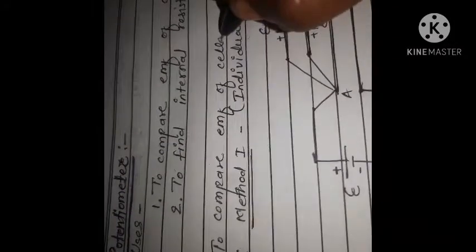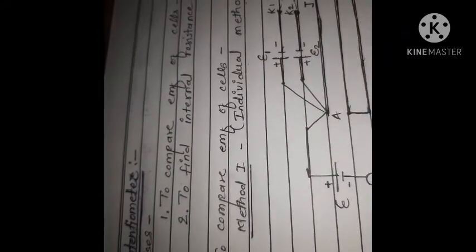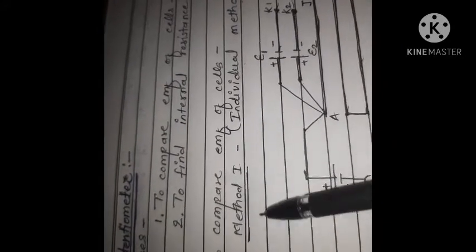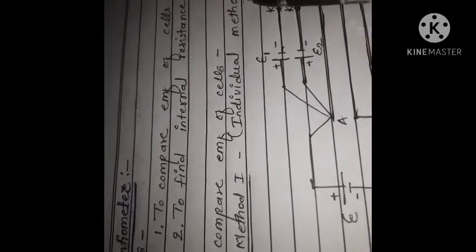Comparison of EMF of cells is done by two different methods. One of them is method 1, the individual method. By using the individual method, we can compare the EMF of cells.